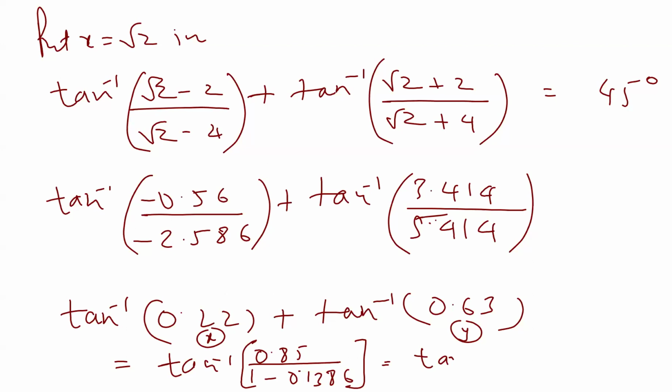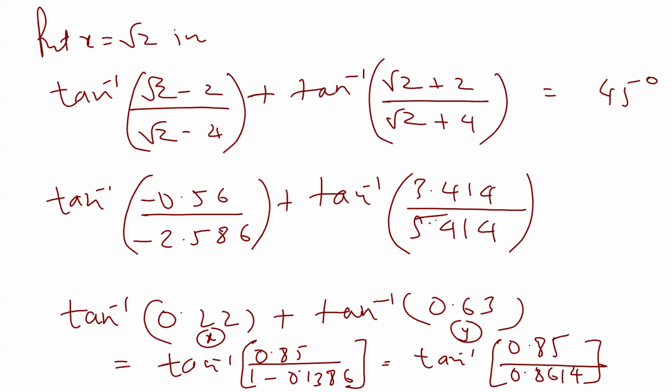So 1 minus 0.1386 is 0.8614, and this is 0.85 in the numerator. Now we are mostly playing with approximations.